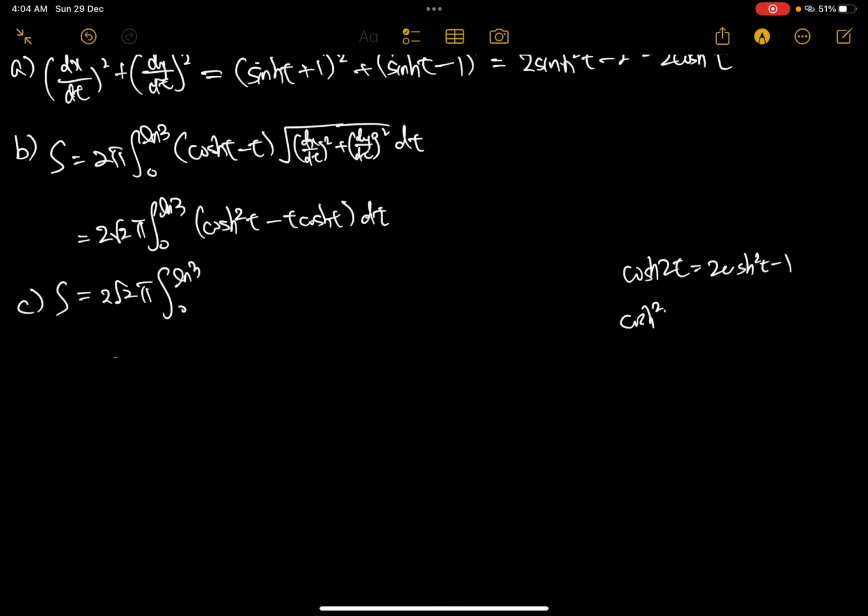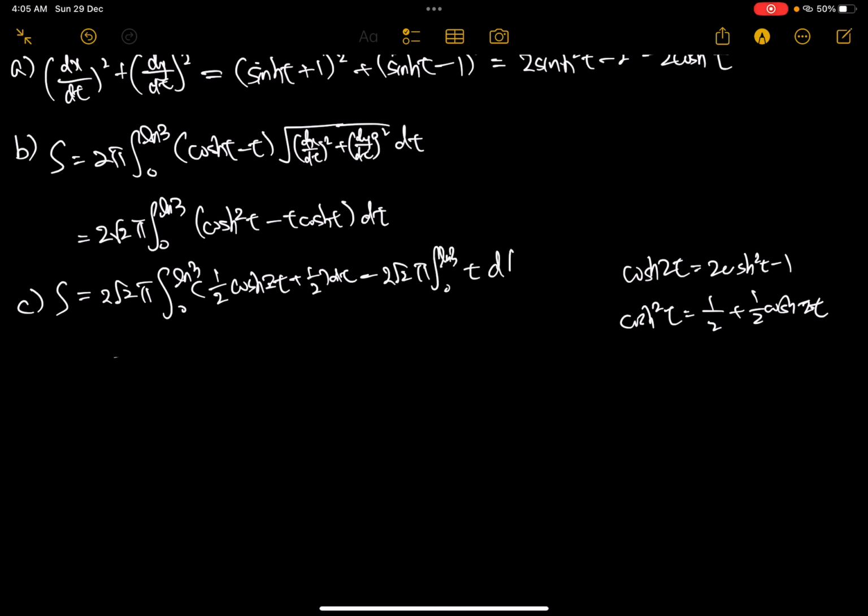So it's 1 over 2 plus 1 over 2 hyperbolic cosine of 2t. So we have dt minus 2 root 2 pi from 0 to natural log 3 of t hyperbolic sine of t.